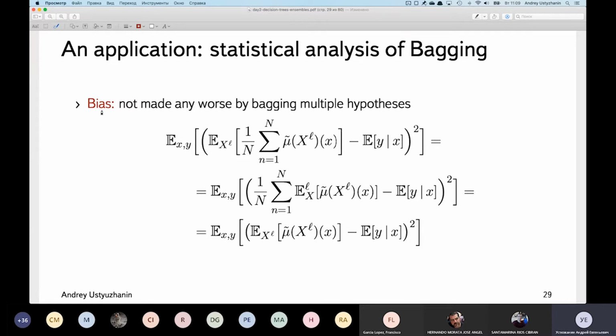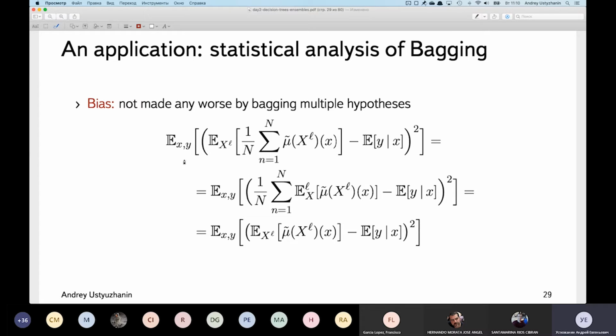Now, the implications of the statistical analysis of bagging. We can write the expression of the expected risk minimization. The bias in the case of the bagging algorithm is not worse than the initial one, I mean the one that we get without bagging.